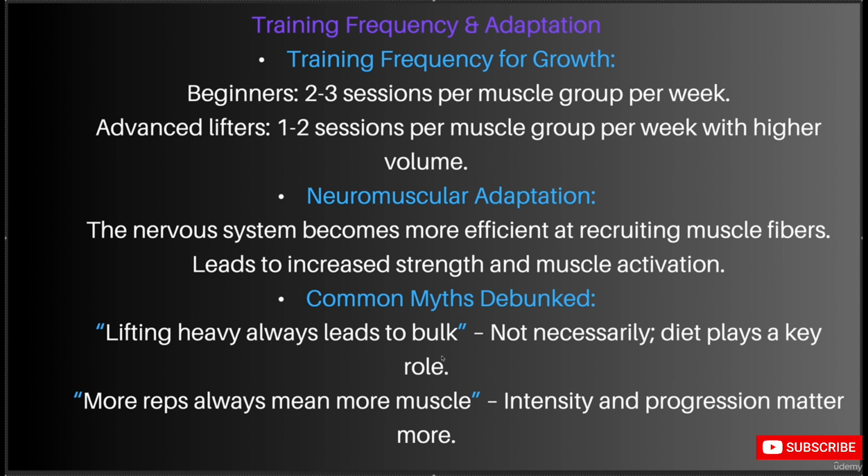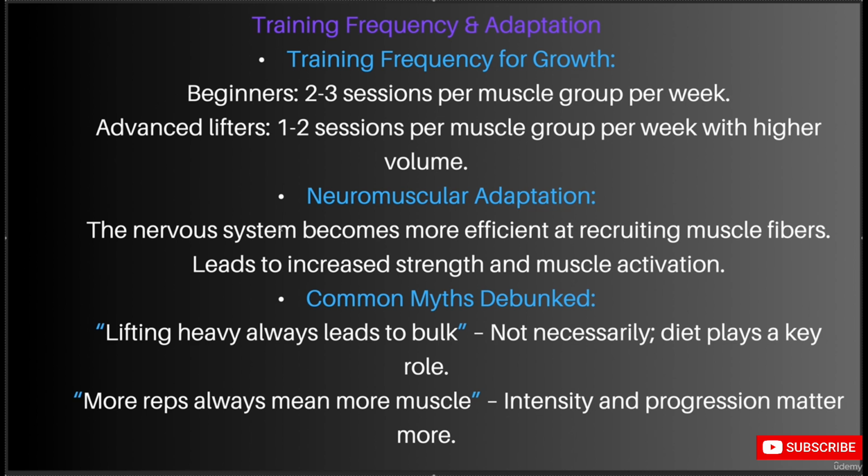Beginner lifters should aim to hit a muscle group 2 to 3 times per week, to make sure that the muscle group is completely recovered. Advanced lifters should be hitting 1 to 2 times a week, to make sure that they're at their peak.